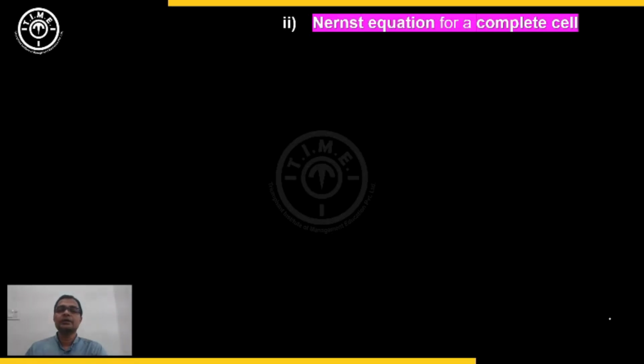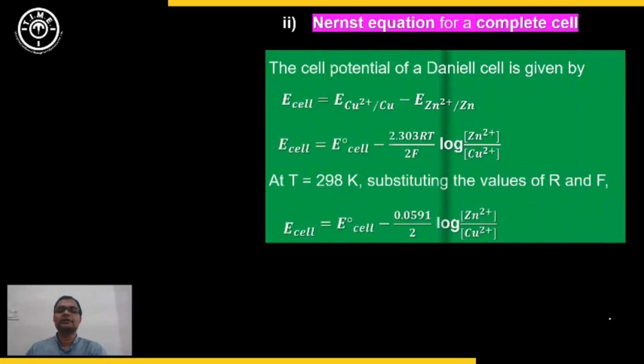Now we apply the Nernst equation for a complete cell. Here I have taken a complete cell, a Daniel cell. In this cell, a redox reaction is taking place.